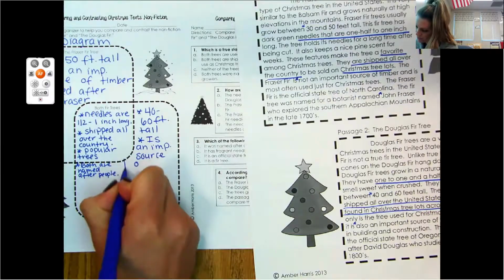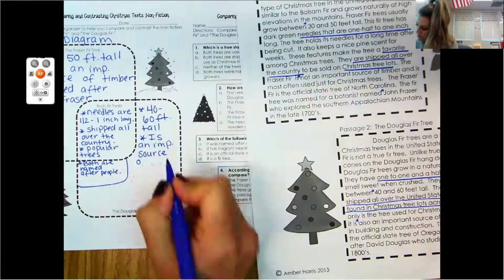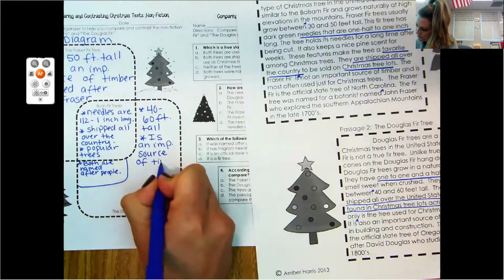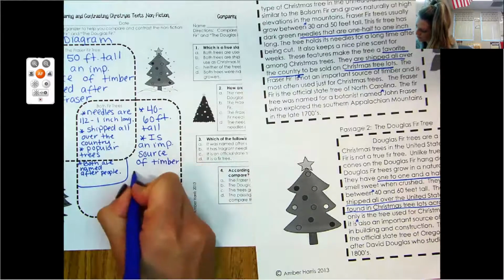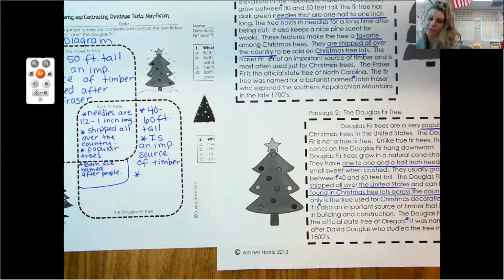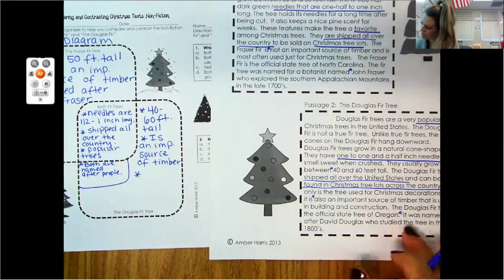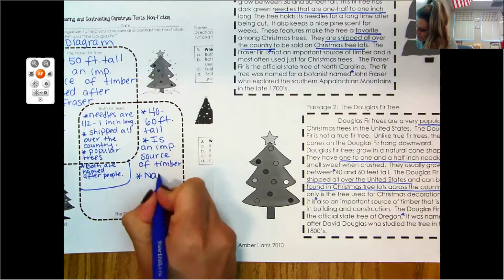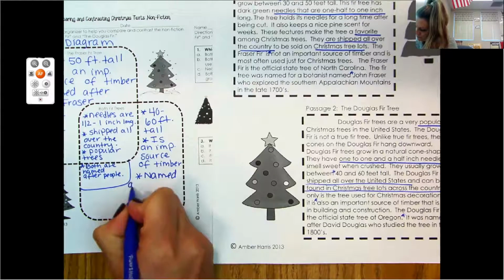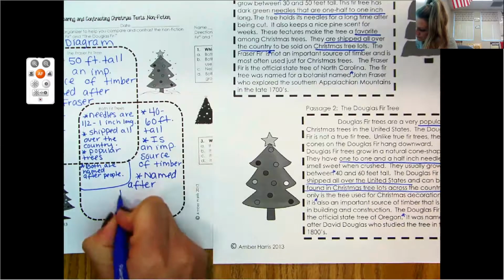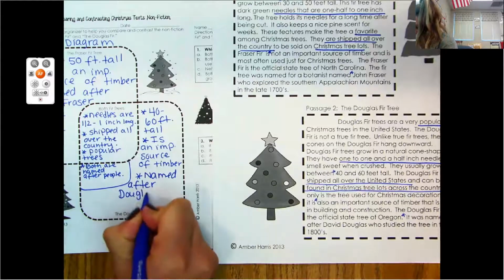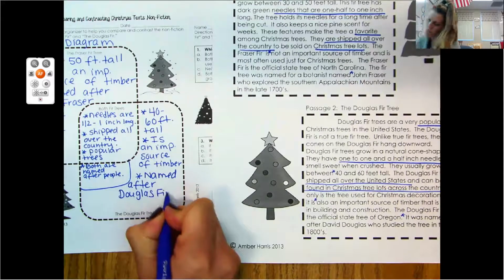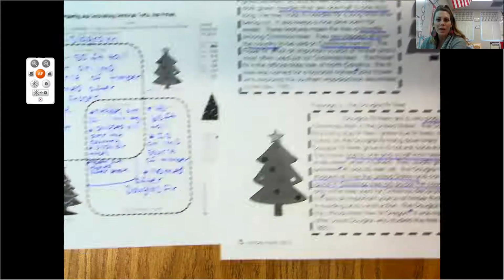If you want to kind of do that so that you don't run into it. What else? Oh, who's it named after? Named after David Douglas. What else? Think of one more that you want to add.